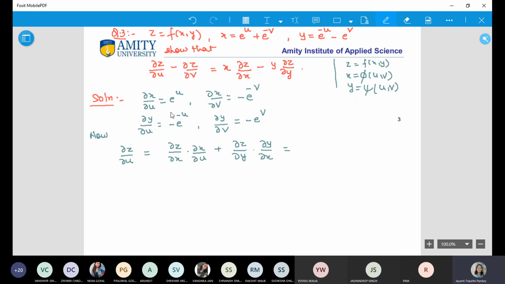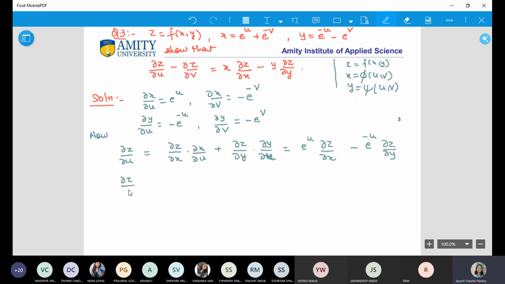Now substitute the values. Here you will get e to the power u del z by del x, this is minus e to the power minus u del z by del y.